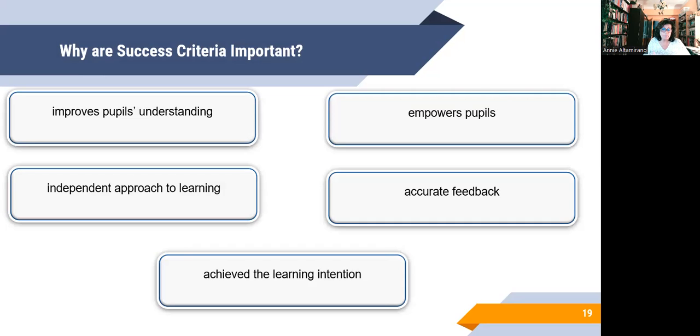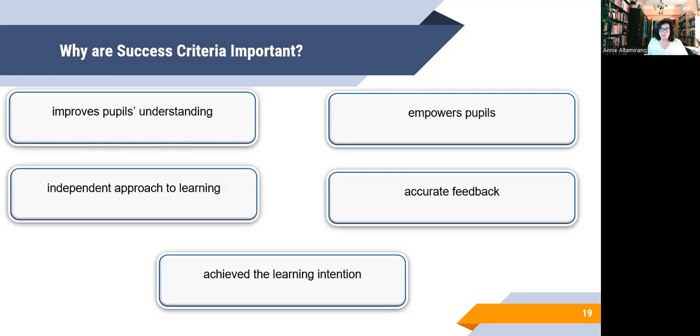This, in turn, helps them improve their understanding by keeping them informed about their performance. It empowers them because it involves them in performance and learning.